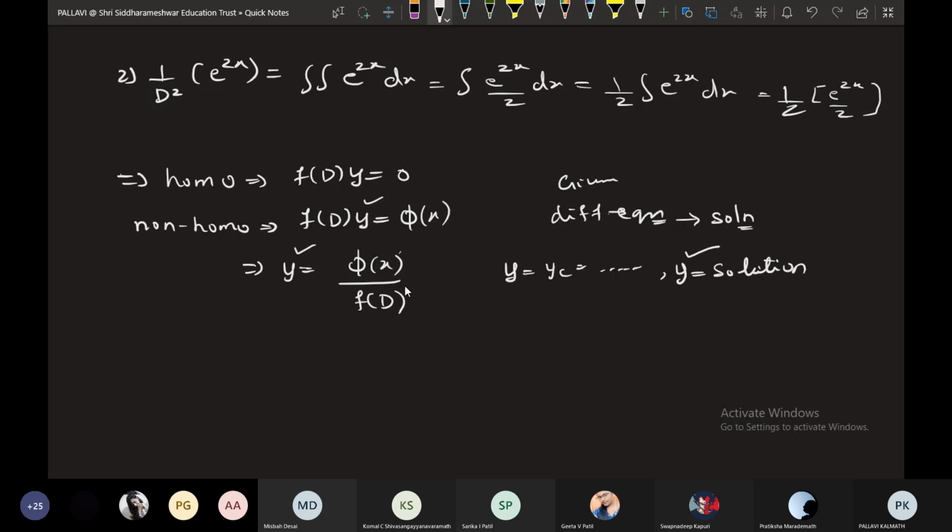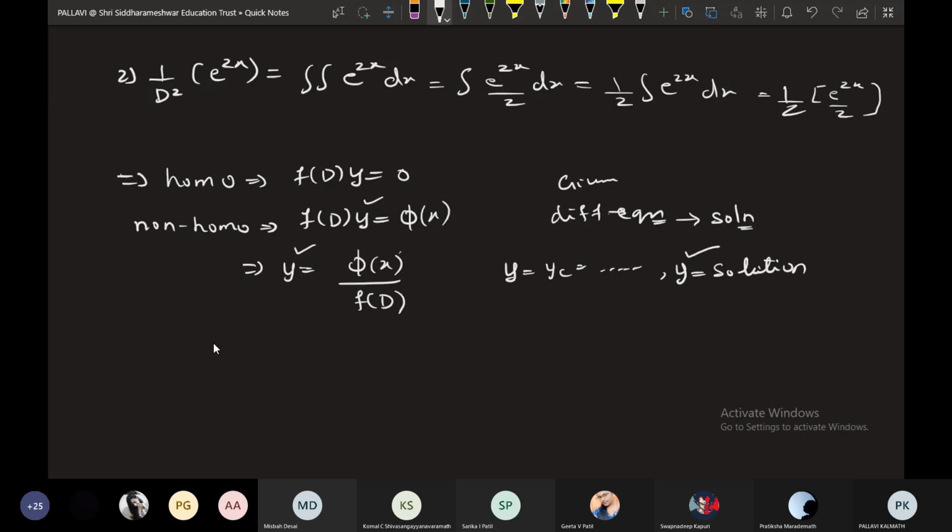So see here. Now phi of x will be of different types. Phi of x means what is the general meaning? It is some function of x. So based on the type of function of x you have, we have divided these problems into three types. Okay, right?